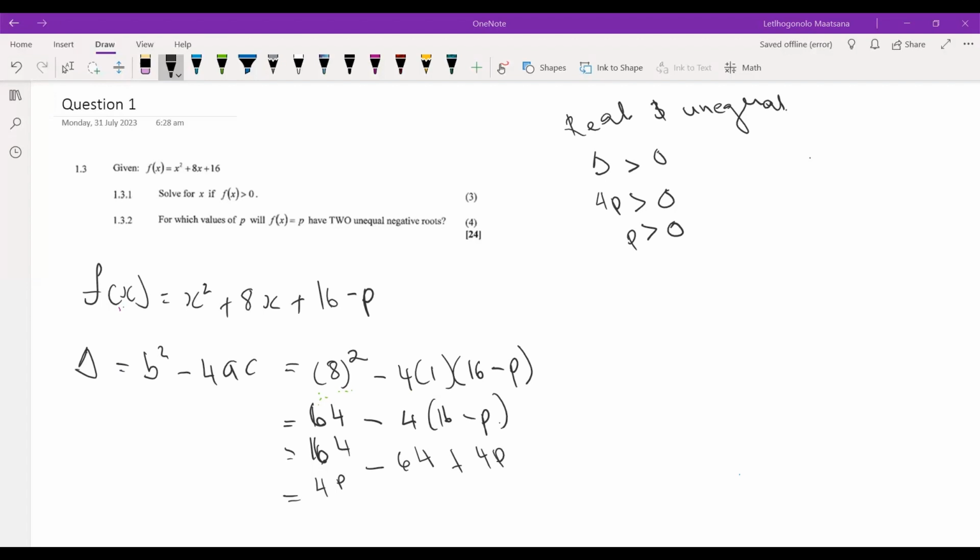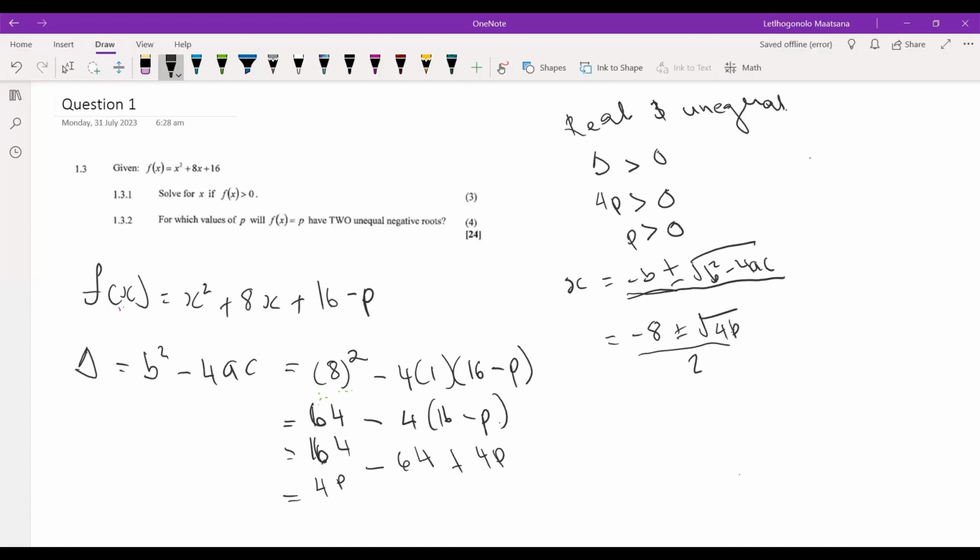So now let's write out our quadratic formula. We say that x is equal to negative b plus or minus the square root of b squared minus 4ac. The square root is our discriminant, so we will have that as minus 8 plus or minus the square root of 4p, and everything over 2.